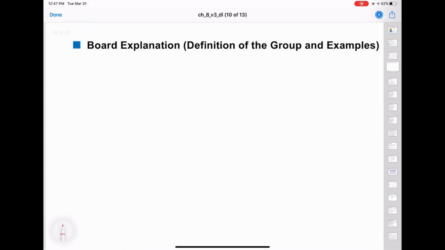This would be much more understandable. The group is a set of elements which satisfies the following properties.